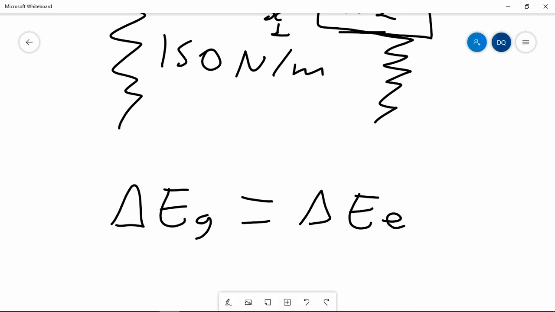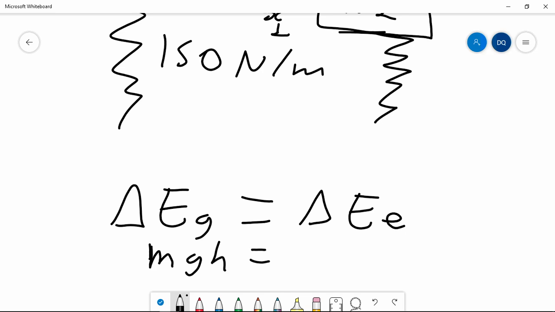And our change in gravitational potential energy is going to be equal to mgh, and our change in elastic energy is 1/2 kx squared. Now, we know that k is 150, we know that g is 9.8, assuming we're on the Earth and near the surface, and we know that m is 1.2.